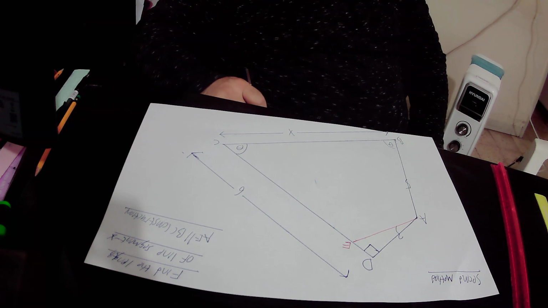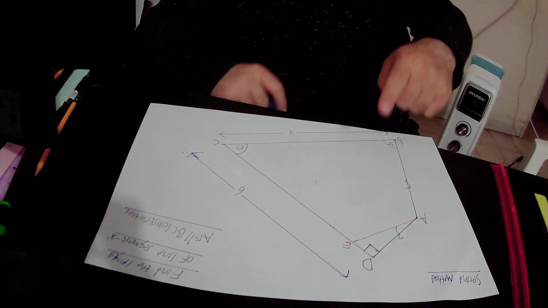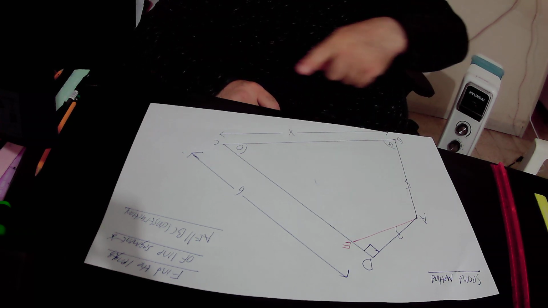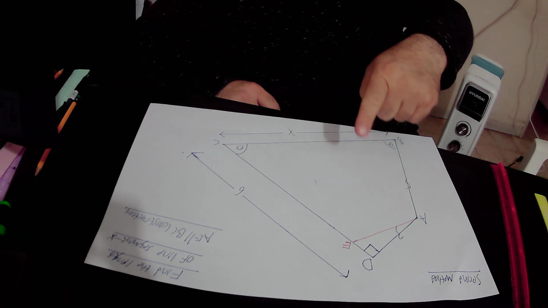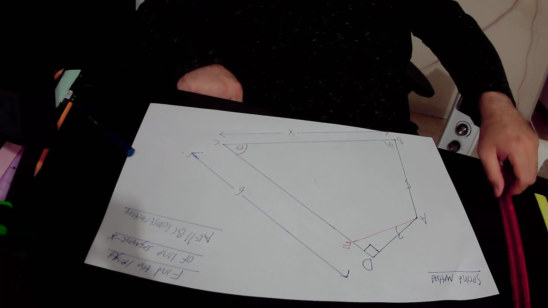In the next step, from point E, we will draw a straight line on BC in such a way that the straight line will be parallel to AB. Okay?